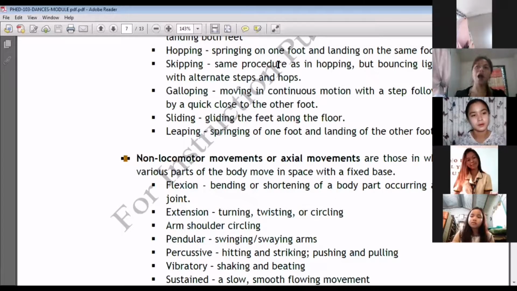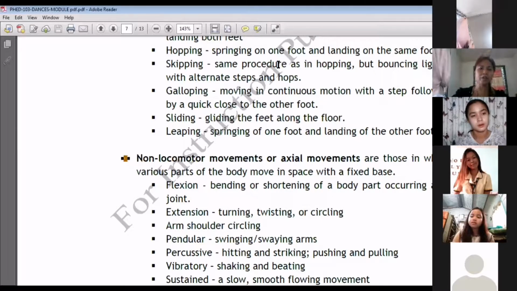For example, you hop on your right foot, you land on the floor with the left foot. When you hop with the left foot, you land on the floor with the right foot. Nakuha yung difference? Kapag hop, same. Kung right, you take off on the right and you land on the right. Pag left naman, left at left lang ang gagamitin mo. Ganun yung difference ng leap and hop.